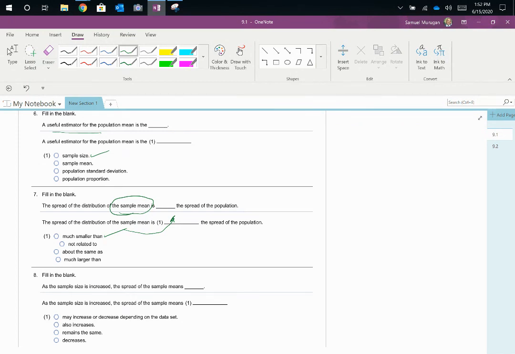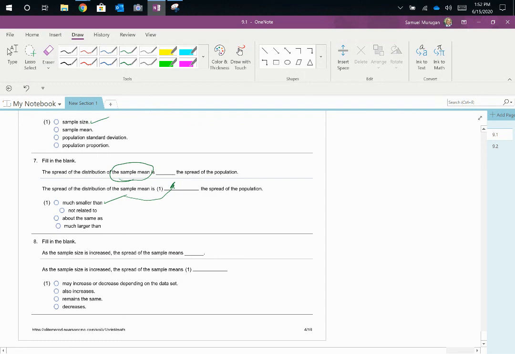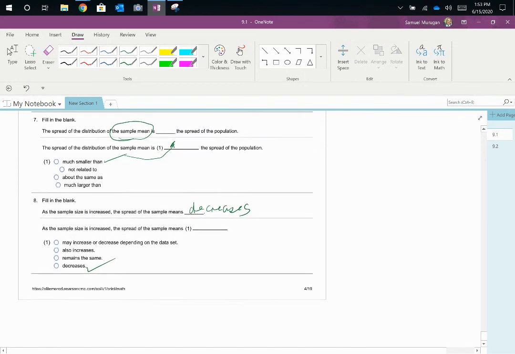Which comes to question 8. As the sample size is increased, the spread of the sample means decreases, which is this one.